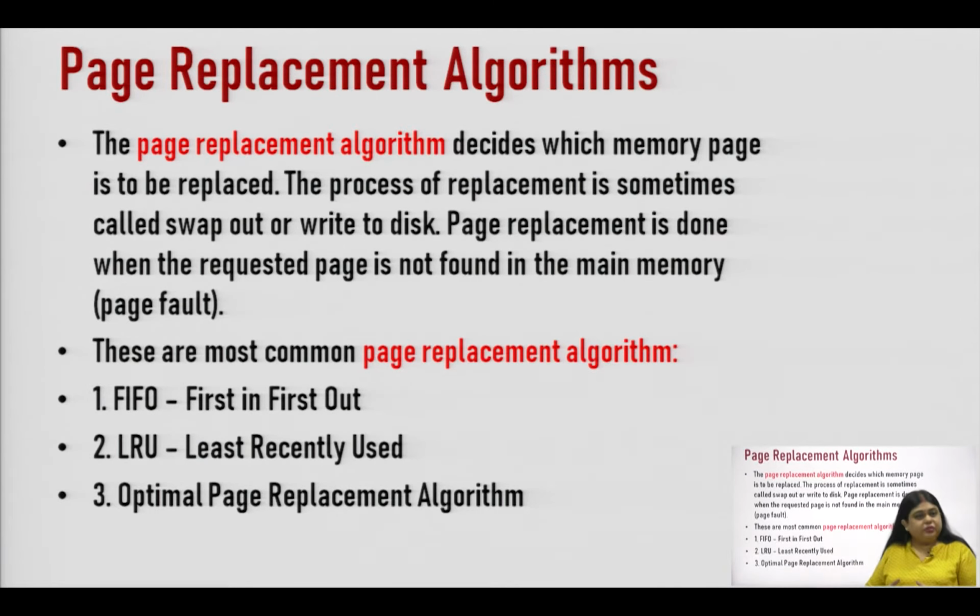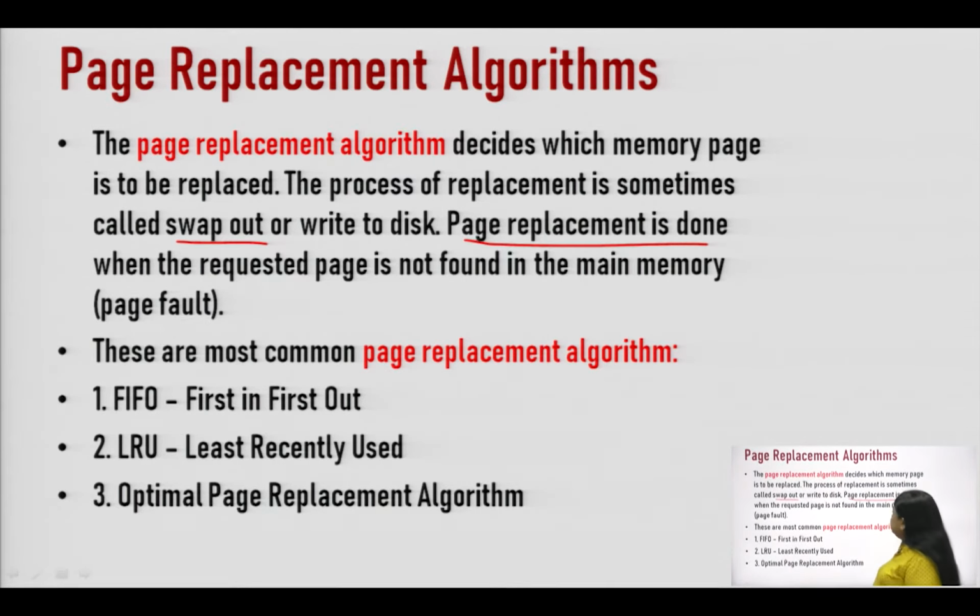The process of replacement is sometimes called swap out. So this is the term that we use for this replacement process, where the operating system selects a particular page, removes it and brings a new page into the main memory.